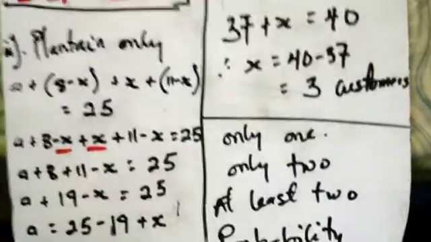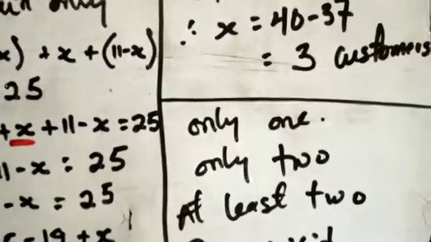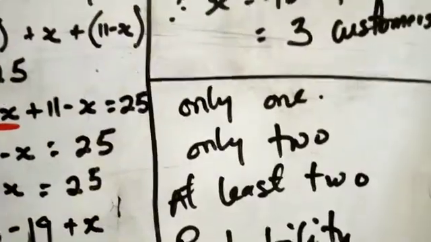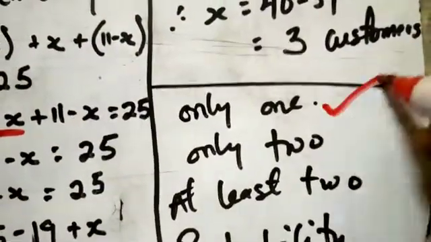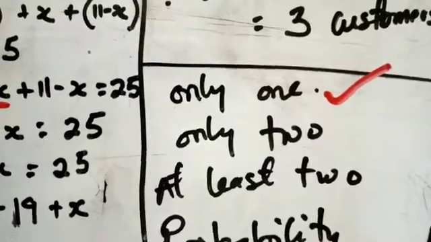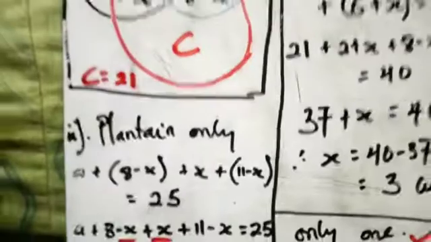Now a quick one here. Let's say you should find how many people bought only one item. So let's pay attention. How many people bought only one item over here, right? Then you go to the Venn diagram. Where do these people belong?